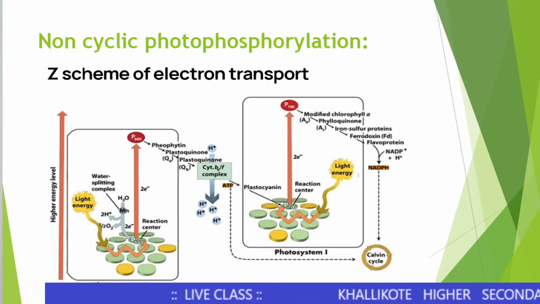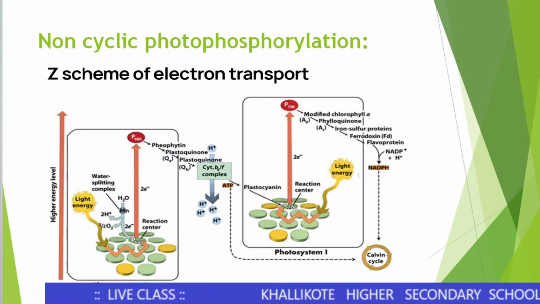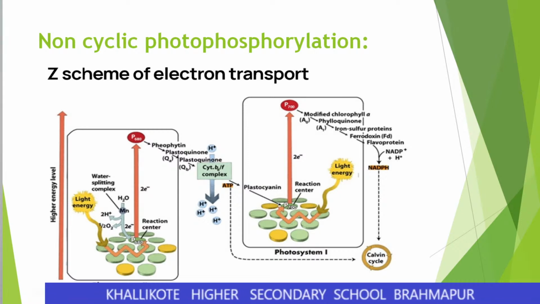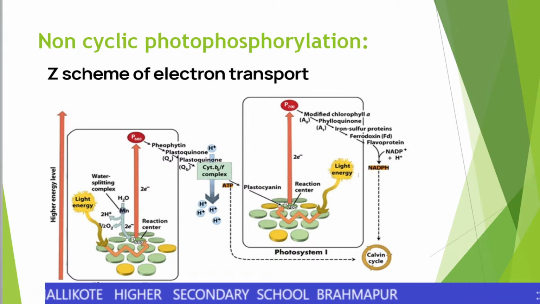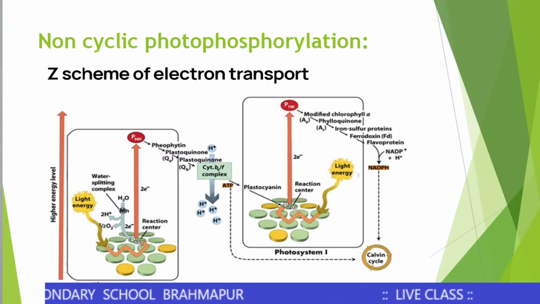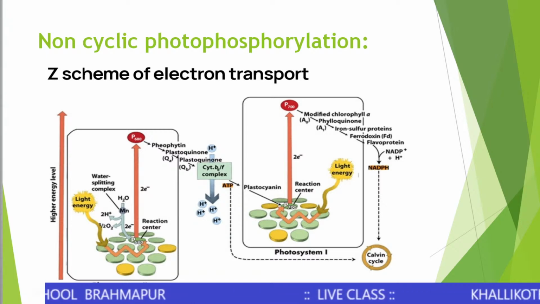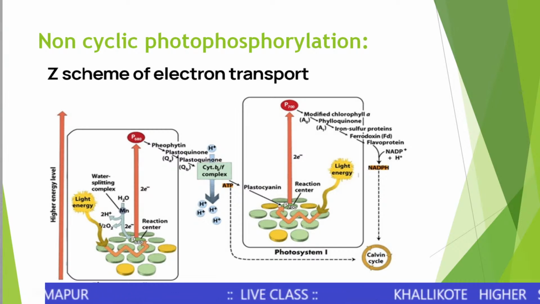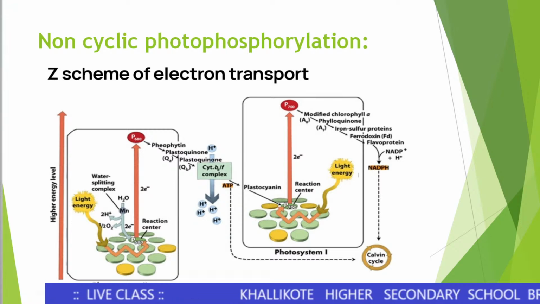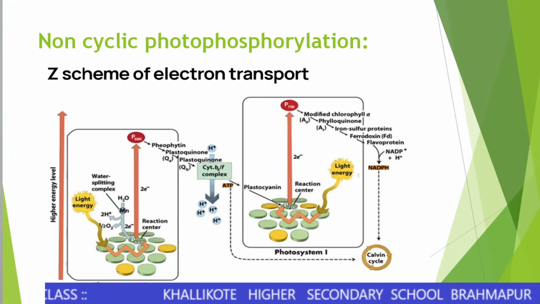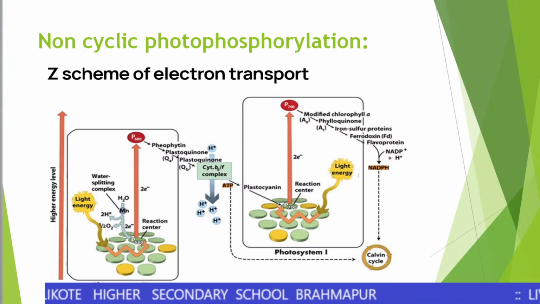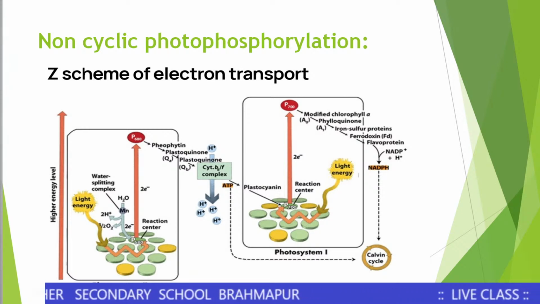This electron moves to the next compounds, which are phylloquinone or modified chlorophyll A molecules. From phylloquinone, the electron moves to the iron sulfur protein or FeS protein, and then to ferredoxin, and then to the flavoprotein enzyme. From the flavoprotein enzyme, this electron moves to the NADP molecule.